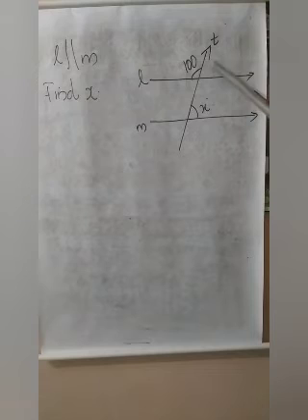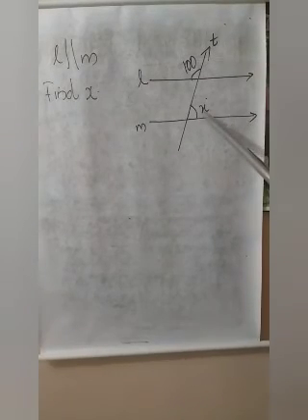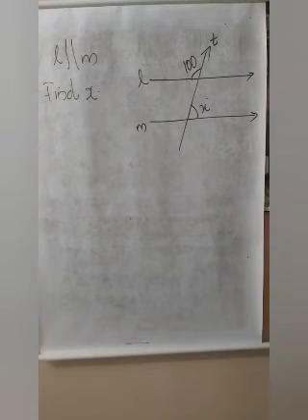Or, if you know this angle, then this angle and this angle will be equal, as they are a pair of corresponding angles. So, any concept that feels easy for you, you can use. Here I am using the concept of angles on the same side of the transversal.